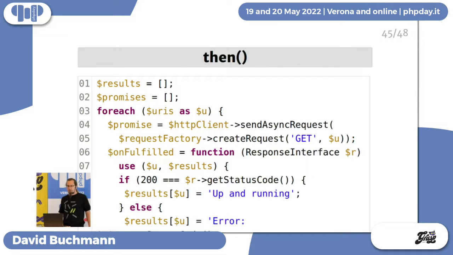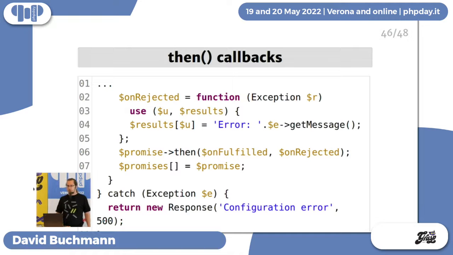Or instead of keeping the promises and calling them, we could make the request, get a promise, and then have a callback function for the success case that looks at the response and does something, and another callback for the failure case, and then call promise then to connect these functions, and then the promise is going to call one of these functions depending on the outcome.